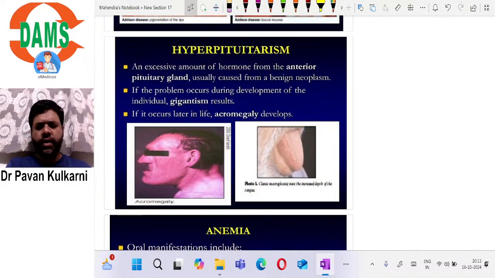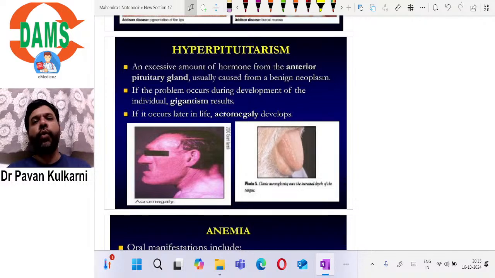Hyperpituitarism, where we know there is an excess of growth hormone. In this condition, a very important point is about the jawbones. There will be macrognathia, a larger jaw, particularly the mandible will be larger, and a prognathic mandible will be seen.